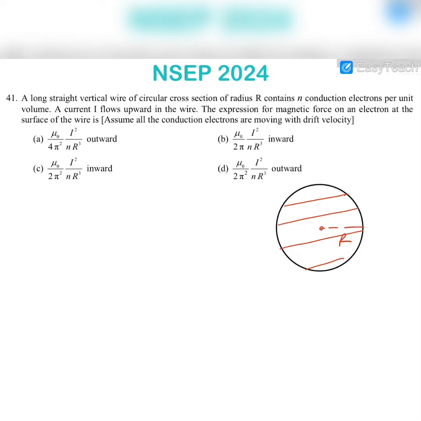Now current flowing in the wire is I. Let us suppose that from the cross section it seems that current is going inside the wire, along the wire, and we have to find out the magnetic force acting on any electron which is situated on the surface of the wire. So first of all, let us find out the magnetic field on the surface of the wire, and the direction of magnetic field will be in the downward direction. So B will be mu naught I by 2 pi r.